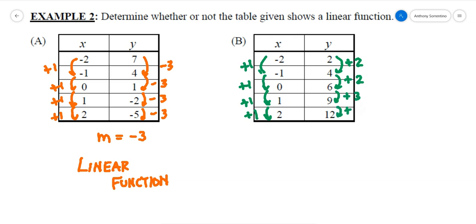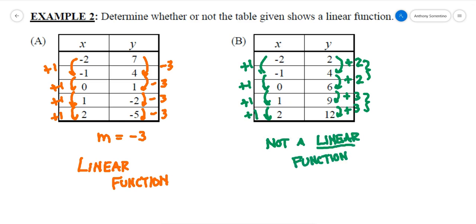Here, I'm increasing by 3. So I see two different slopes being presented in this particular plot. And if I would plot these points, I would see that it would look like it's bending if I was tracing the line through them. So this one is not a linear function.